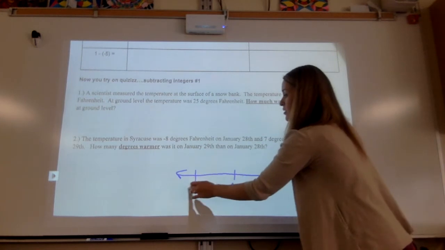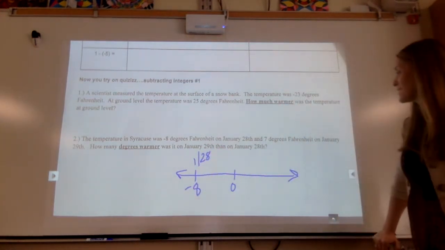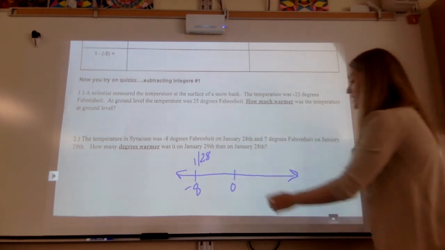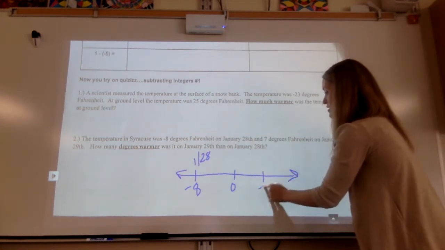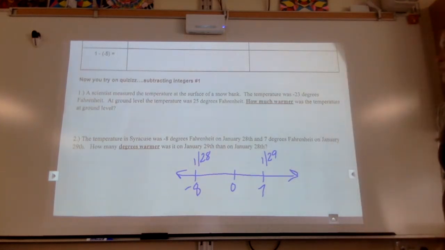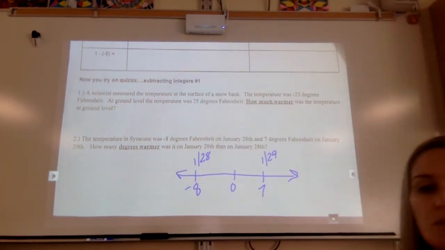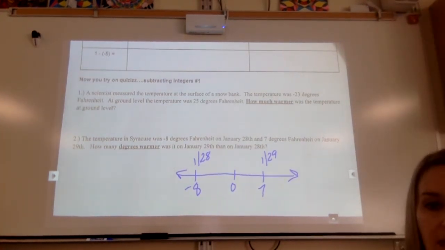So I know my negatives go to the left. So this is 1/28. And then it says it was 7 degrees on the 29th. So 7 degrees on the 29th. How many degrees warmer was it on the 29th than the 28th? So again, take a second, pause this video if you think you know what to do, and then we'll come back together.